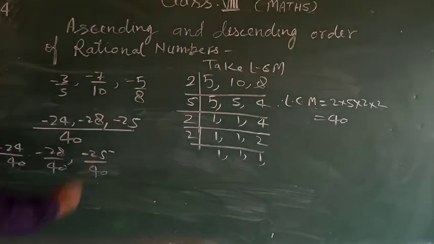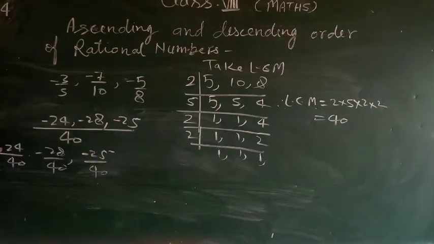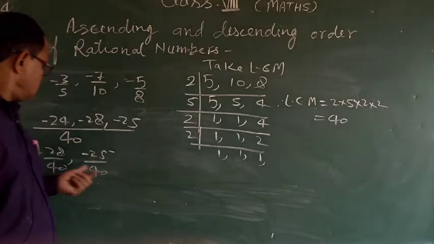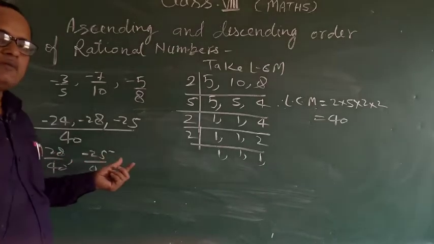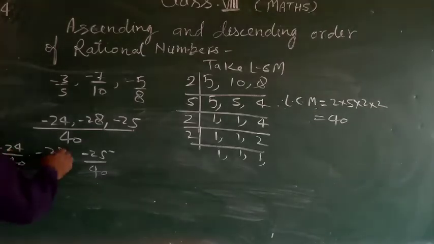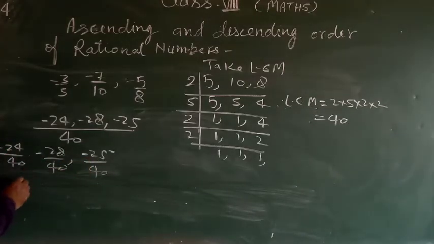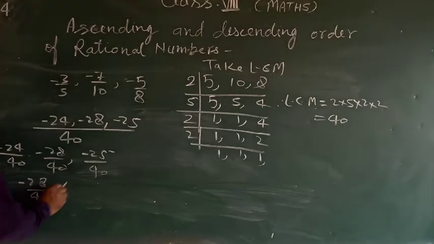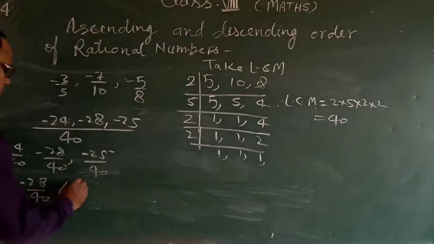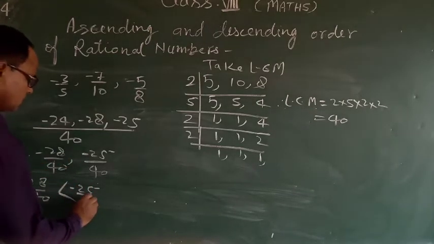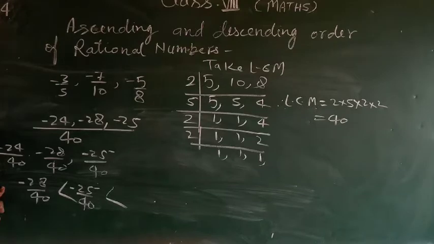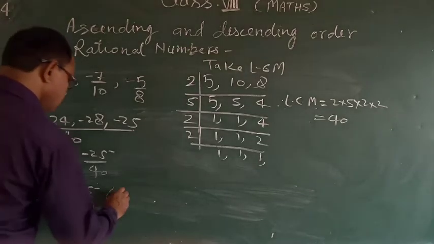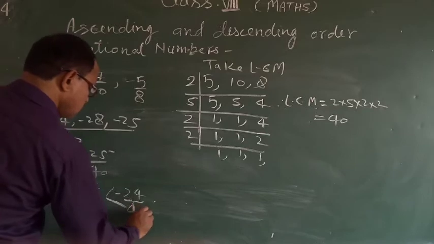In this case, the smallest number in negative form is greater, and the greater number in negative form is smaller. Here minus 28 upon 40 is less than minus 25 upon 40, and minus 25 upon 40 is less than minus 24 upon 40.